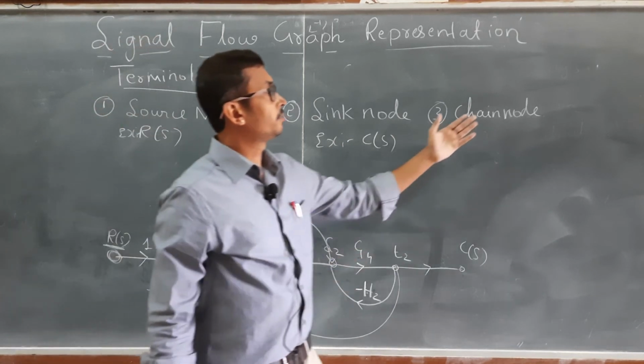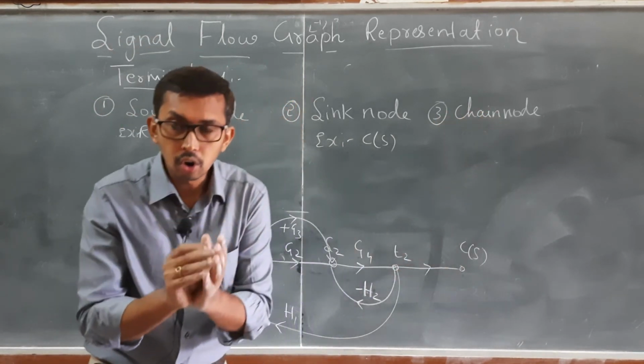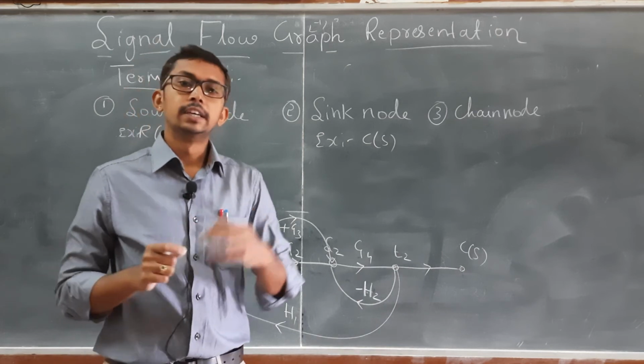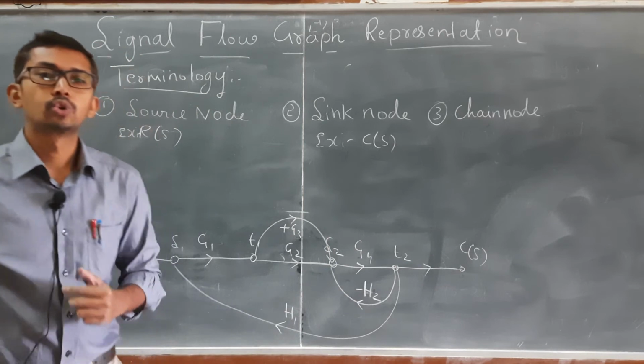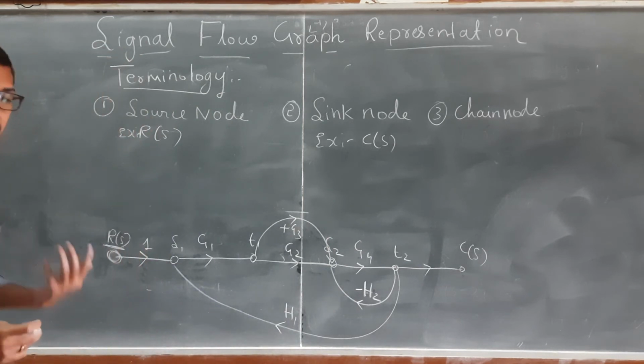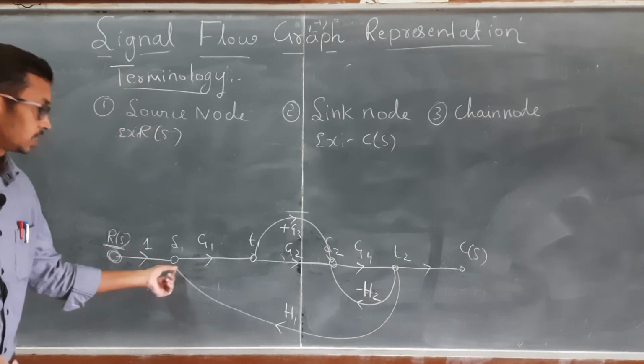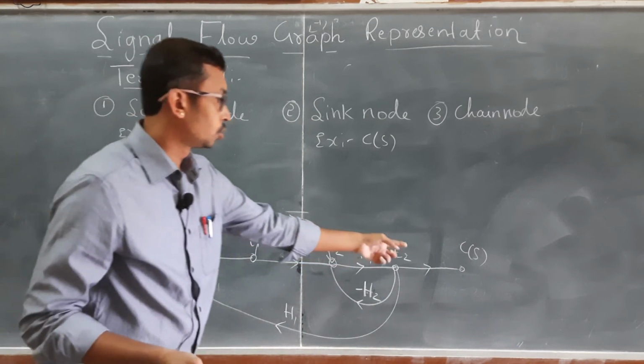Now, what is the meaning of chain node? The node which is having both incoming signals and outgoing signals. So that we are going to call as what? Chain nodes. How many chain nodes we have? Here S1, T1, S2 and T2.